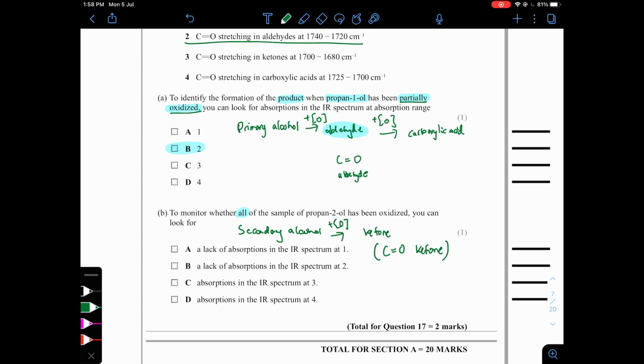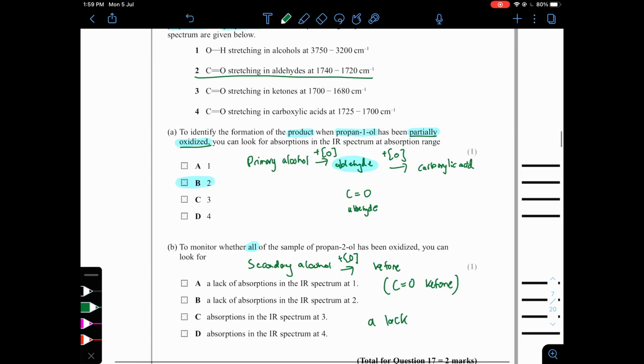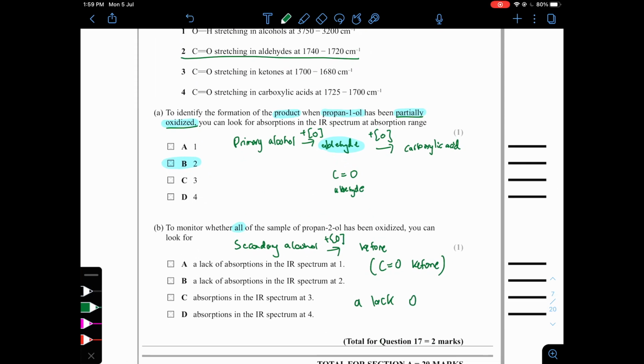But if all of the sample has been oxidized, there must be a lack of what? The OH bond in alcohols. Because if all of the alcohol has been turned into the ketone, right? So if all of the alcohol has turned into this, right? If all has turned into ketone, that means you have no alcohol left, right?